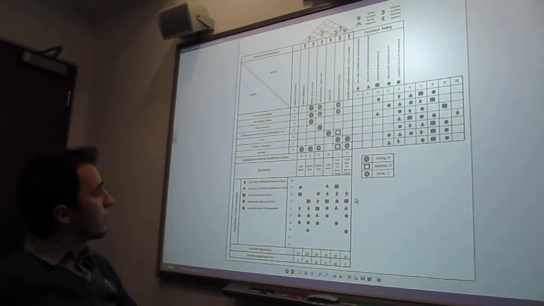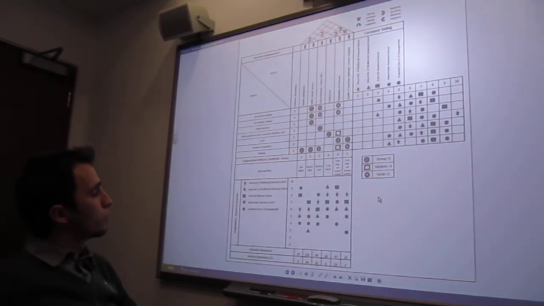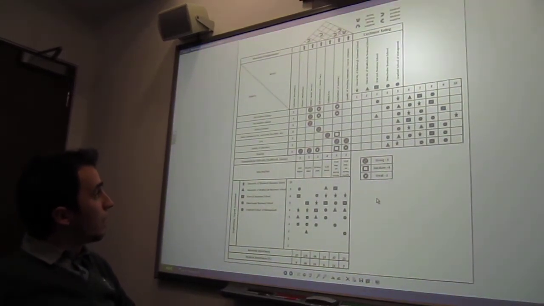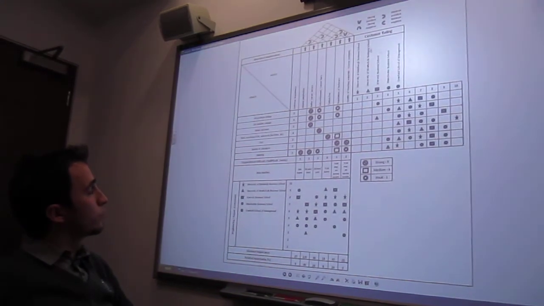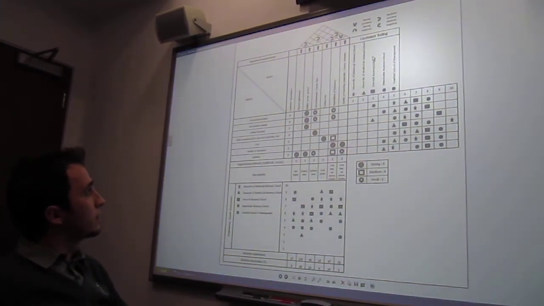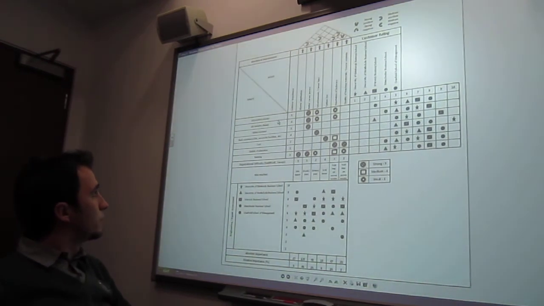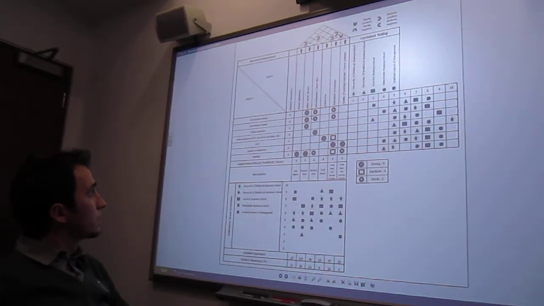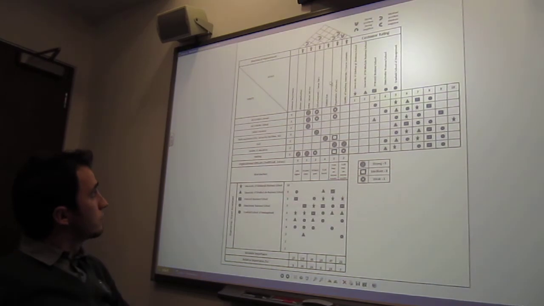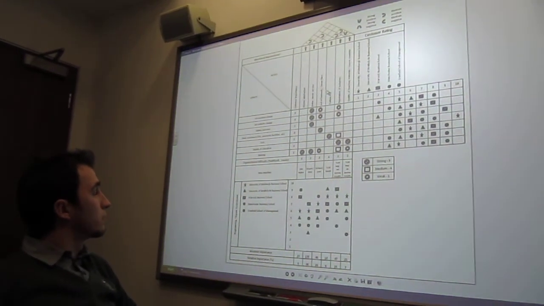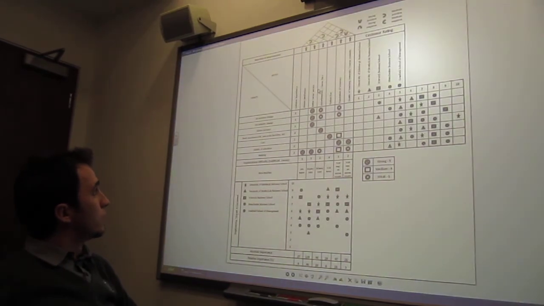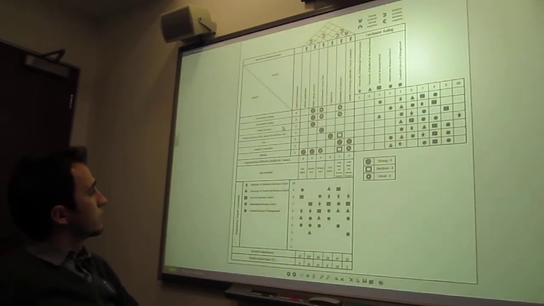And here is the final form of our House of Quality matrix. As you can see, it's a pretty efficient and useful matrix, because we can see the relationships between the customer requirements and the technical requirements, or in our example, what the business school should do to meet these customer requirements.